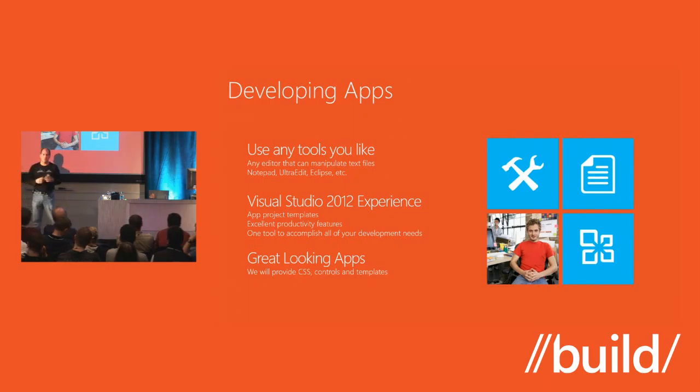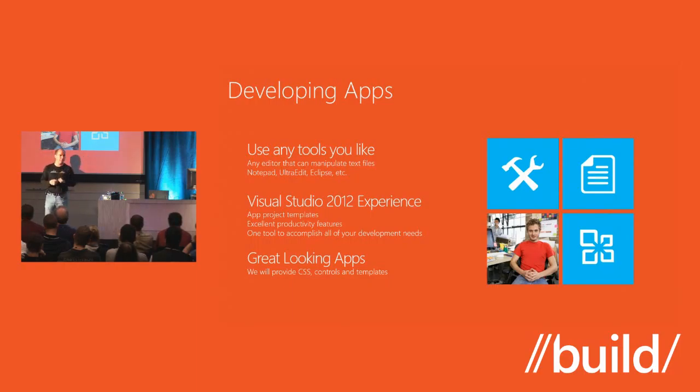Now, of course, Visual Studio 2012 is going to give you the best experience, and I'm going to show you a little bit of that. You guys saw in the introduction, for those who attended, a demo of Napa, which is a browser-based version of Visual Studio. And I'm going to show you a little bit of the Visual Studio rich client experience.